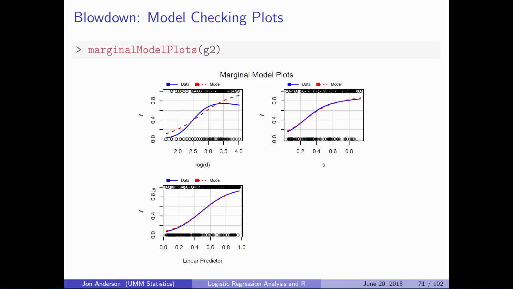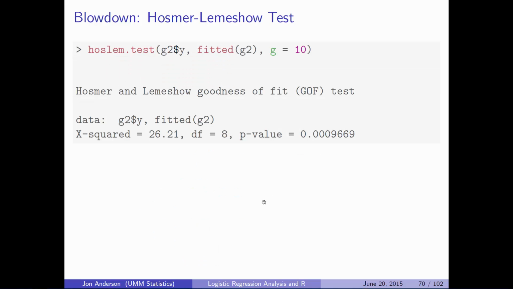So it's helpful to look at both kinds of methods to get an idea about what's going on. One possibility is that for practical purposes, the model is pretty good, but we have so much data that the Hosmer-Lemeshow test is able to detect some slight problems. Our model's not perfect, but it's probably not horrible.